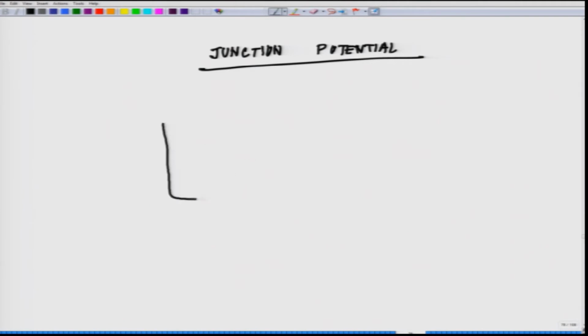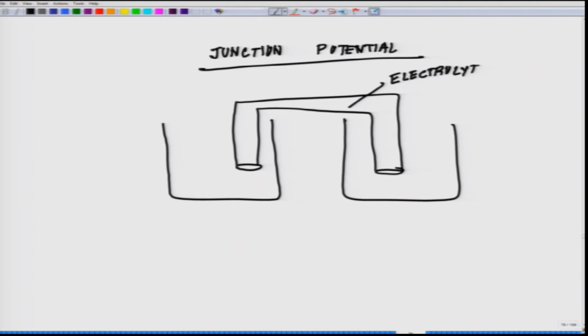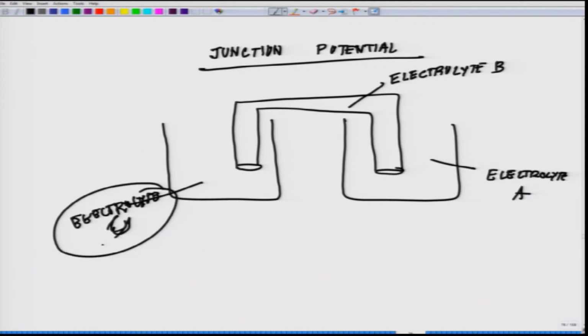This is a situation you will observe when you have a salt bridge which has a different electrolyte, okay? Electrolyte B, and you have an electrolyte A, you have an electrolyte C. Okay.